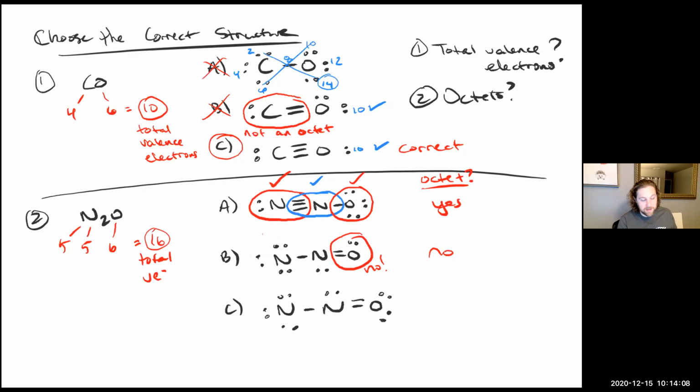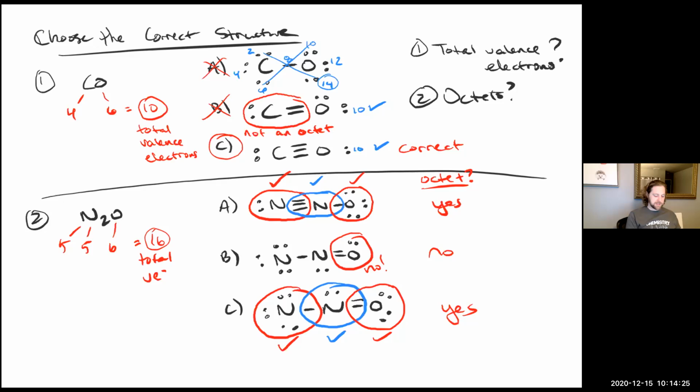So that one does not have an octet. And let's check the third one. 2, 4, 6, 8, yes. Middle nitrogen, 2, 4, 6, 8, yes. And this third oxygen, there we go. That one has an octet. So B is eliminated just by checking octets. So now we need to go back and count total number of electrons. So I'm going to clean this up.